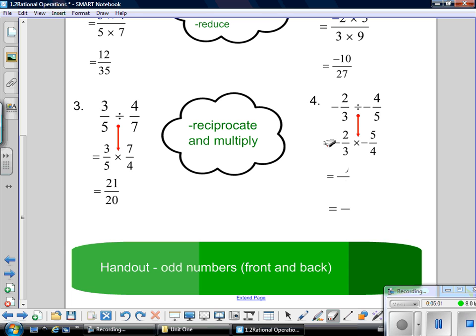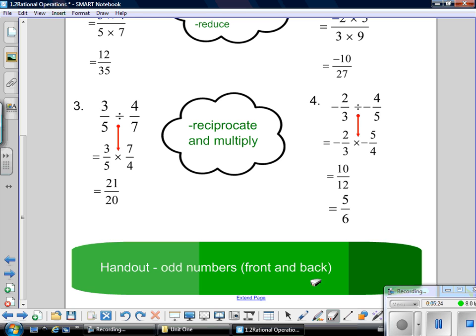We have two negatives. Two negatives multiplied together is a positive. So I have 2 times 5, which is 10, and 3 times 4, which is 12. Now this one can be reduced. At least they're both even numbers, so I know that 2 goes into both of them. 2 goes into 10 5 times, and 2 goes into 12 6 times. So now it's in reduced form.